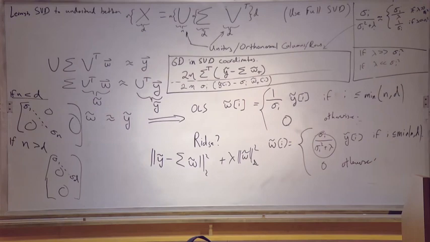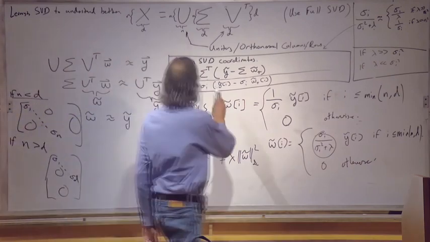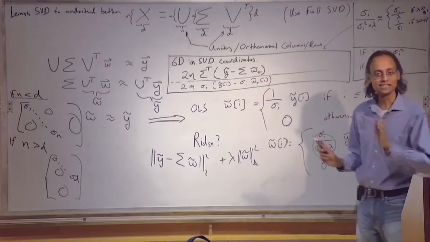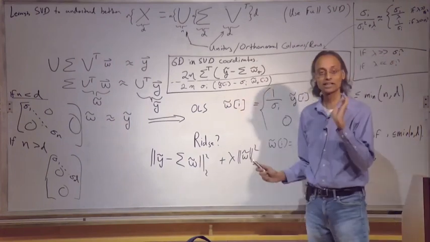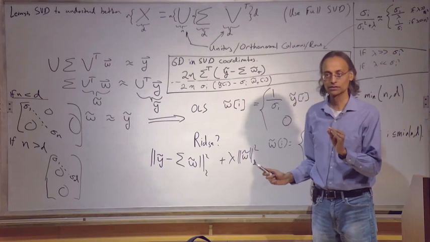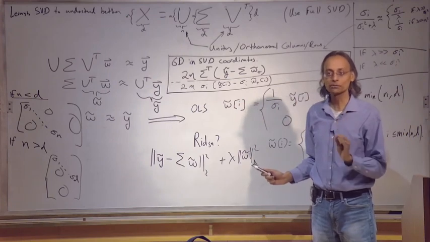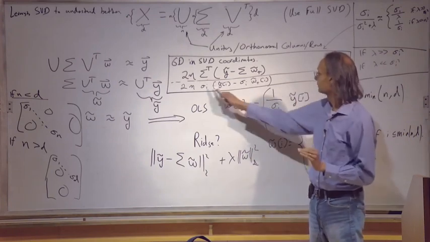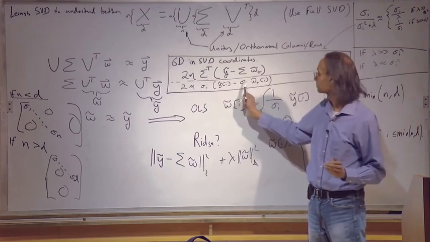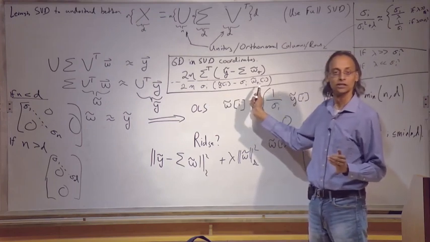The other part is trying to get a good fit, and it's going to move more in directions with large sigma. Directions with small sigma move very little because they get multiplied by sigma squared.